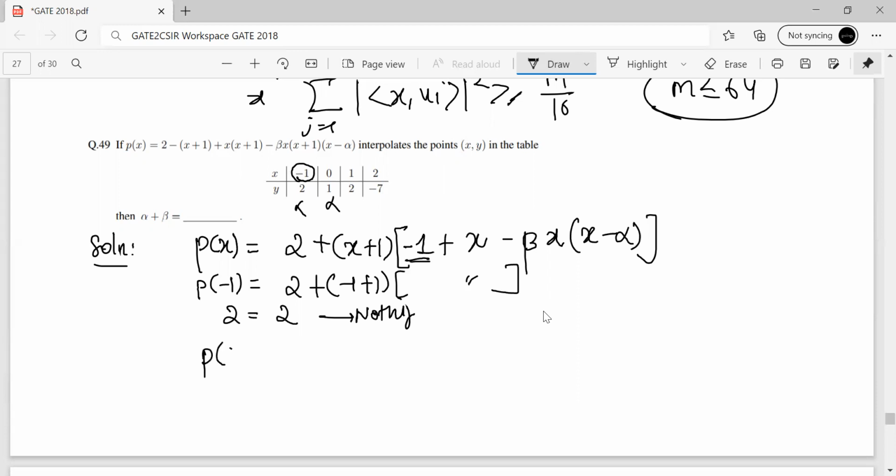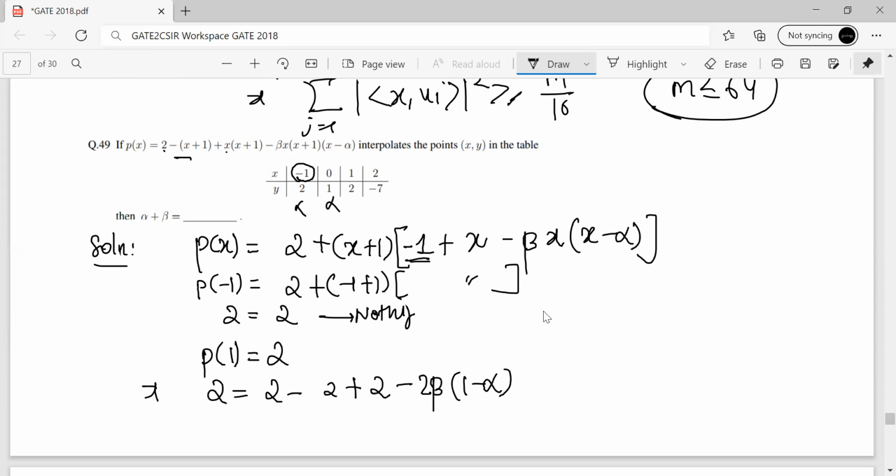Let's take P of 1 equal to 2 and see what it gives us. Let's apply this. So I get 2 equal to 2 minus, 2 plus 1 into 2, which gives again 2, minus beta into 1, so simply 2 beta, and then 1 minus alpha.